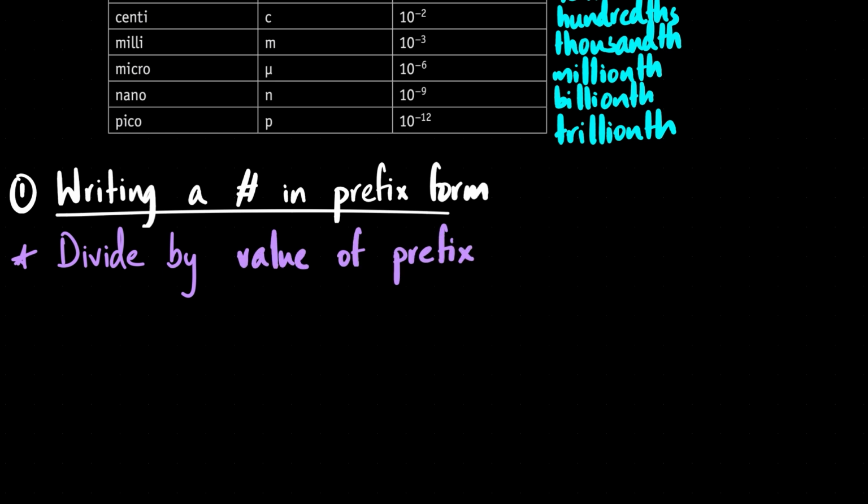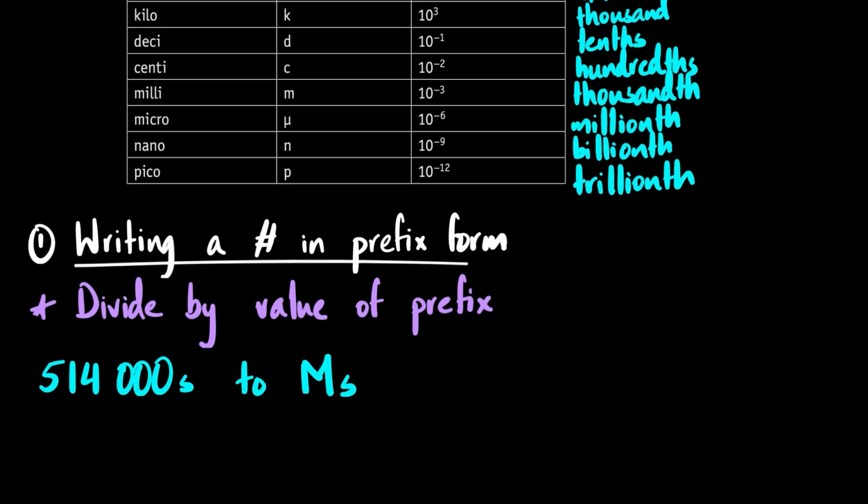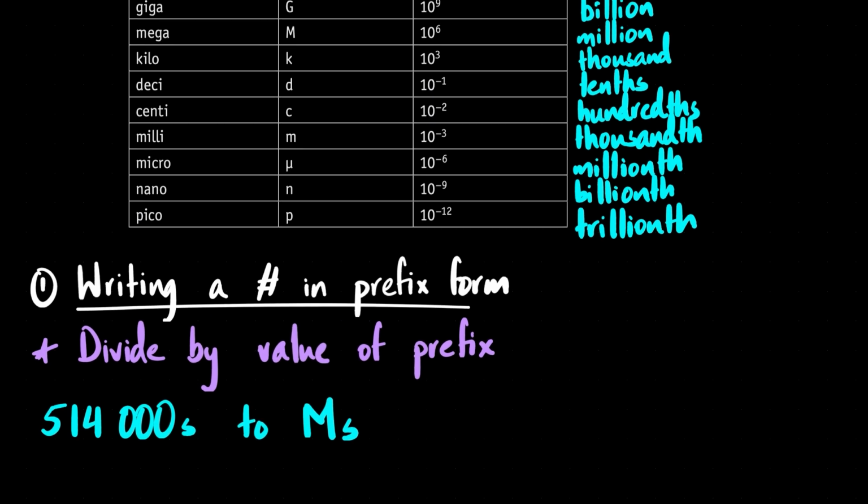So for example, if we have a reading of some quantity which looks like this, 514,000 seconds, and I have to write this in, let's say, megaseconds. So capital M, small s. Do also take care with mega and milli, both of these are m's, but milli is small m, mega is capital M. With this one, I know mega is 10 to the 6.